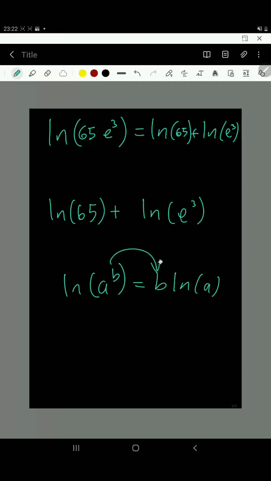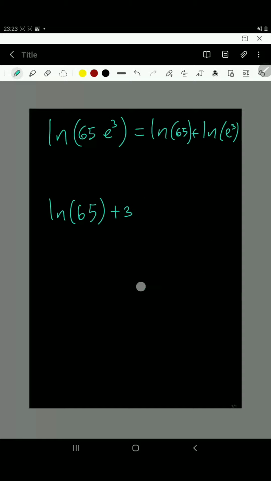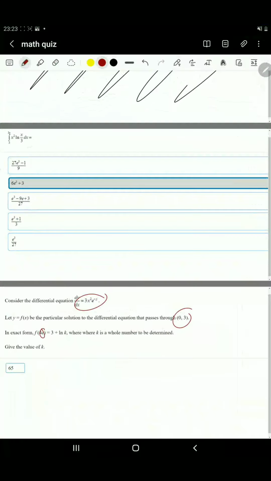So you just pull out the power, so the 3 goes outside. And on the calculator, if you put ln e, you get 1. So that goes away. So your answer is ln 65 plus 3. So you have 3 plus ln k. So what is k? K is 65.